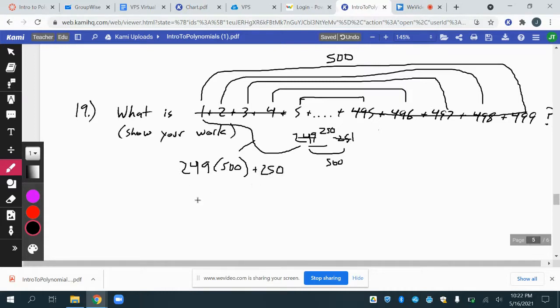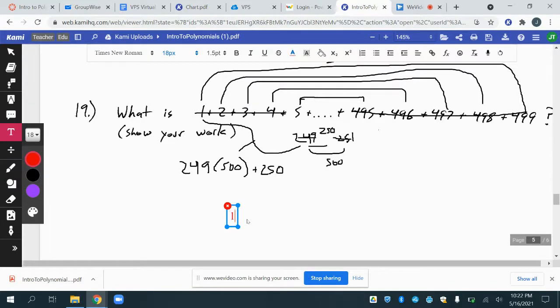I'm talking through this really fast because I'm in a hurry, but we're going to go over it in class too. So I'm going to type that in my calculator because I'd rather not give you the wrong answer. 249 times 500 plus 250 is, when I add all of those numbers up, I get 124,750.